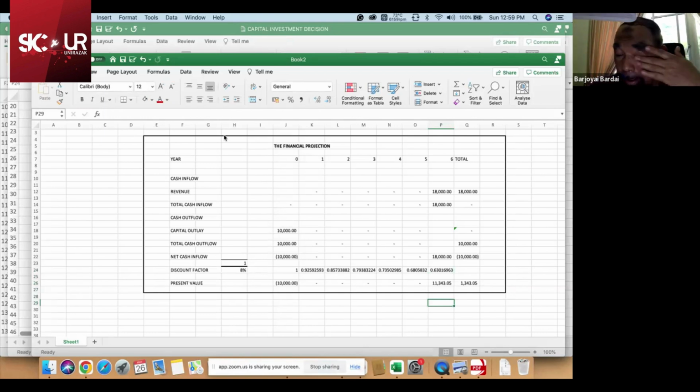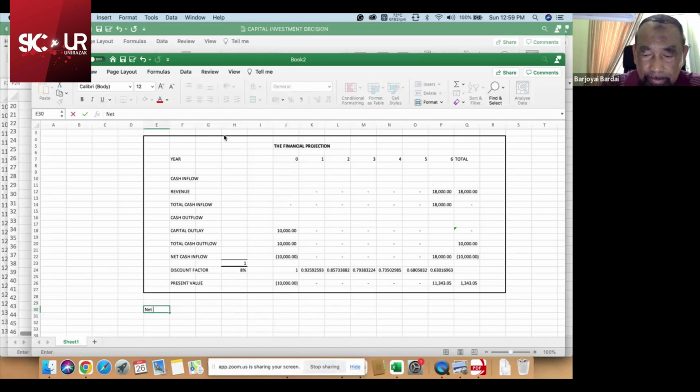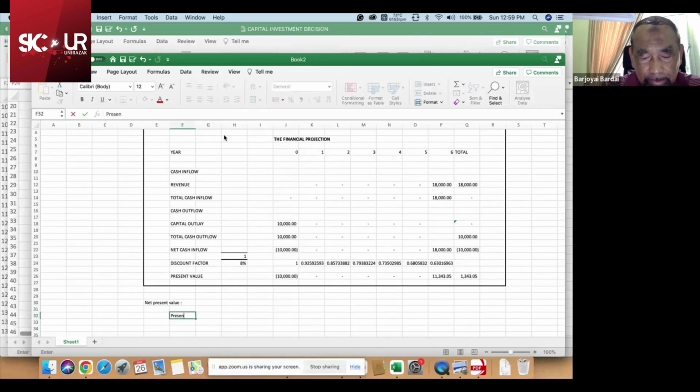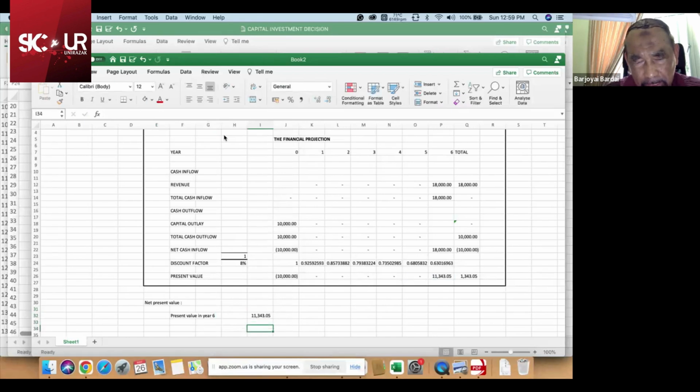So we will then calculate the net present value, which is the present value in year 6 and then the initial investment.